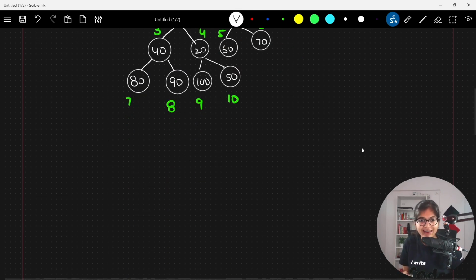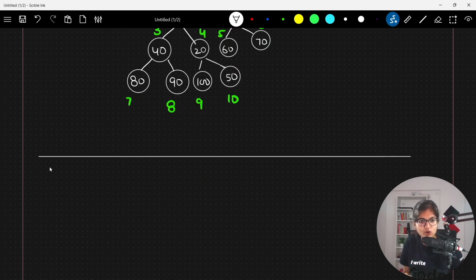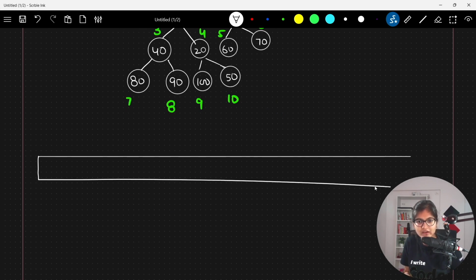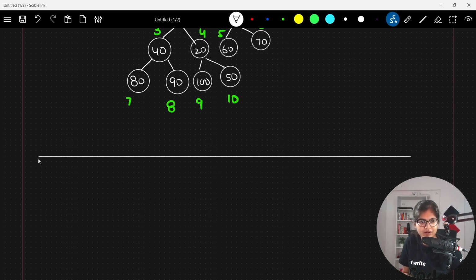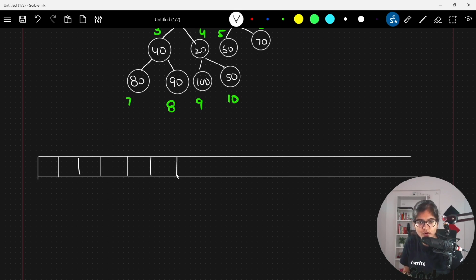So how will this structure look in an array, if I show it to you? So let me create it again. It will look like this. I have 0, 1, 2, 3, 4, 5, 6, 7, 8, 9 and 10.